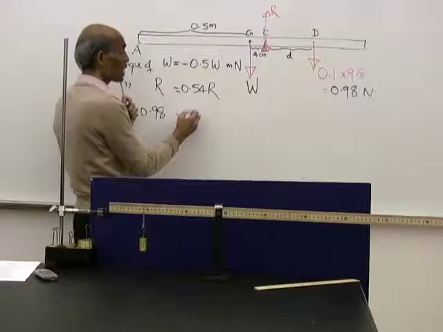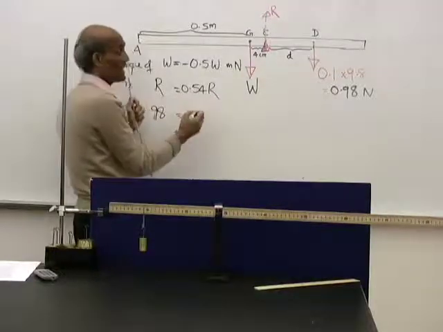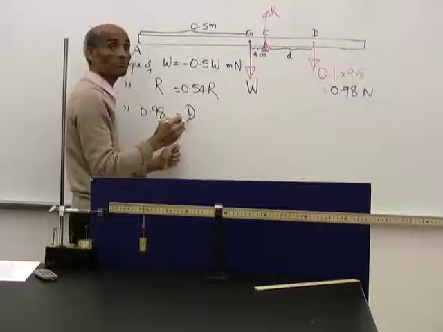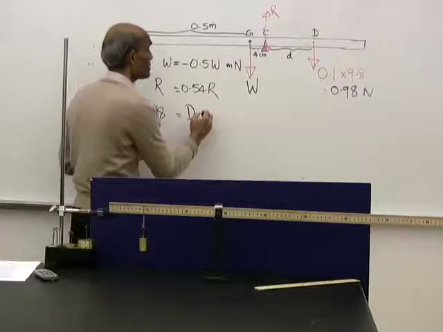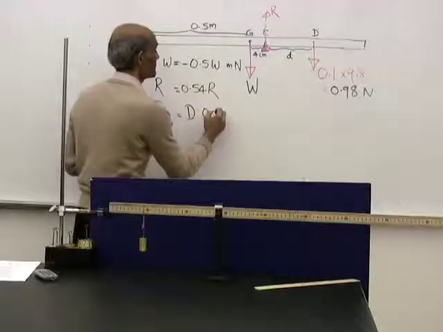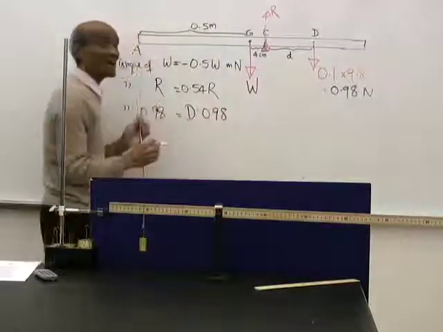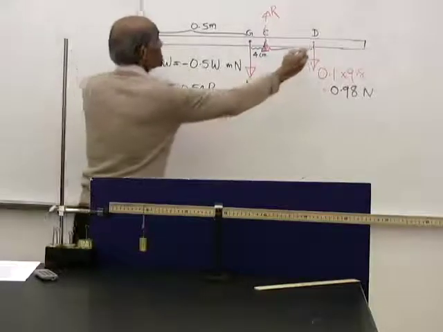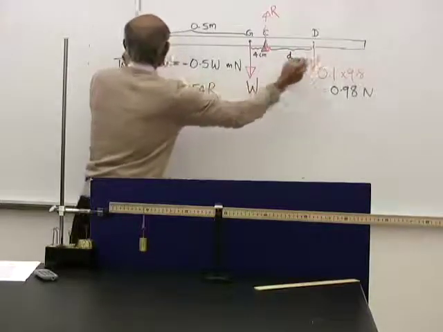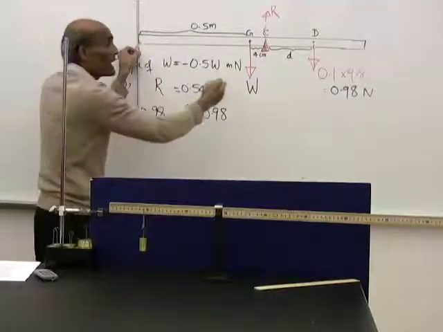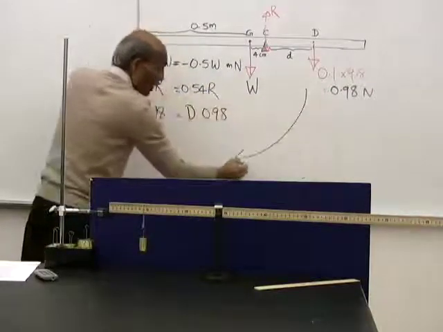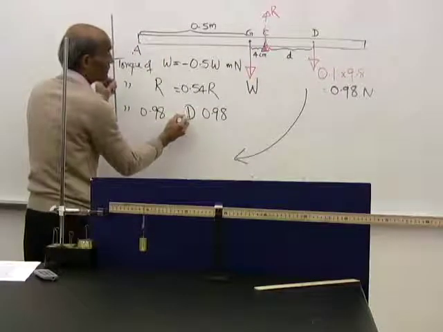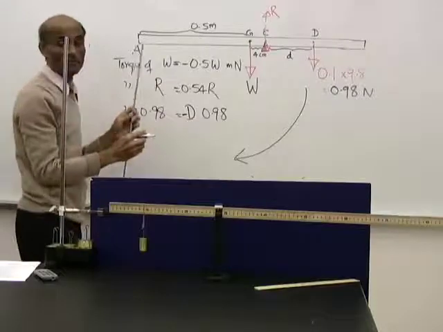I'm going to simply call it big D, but for you, there must be a value for that. Times 0.98. Now, is that a positive torque or a negative torque? The rotation produced by this force about an axis through A will be clockwise. Therefore, this is a negative torque.